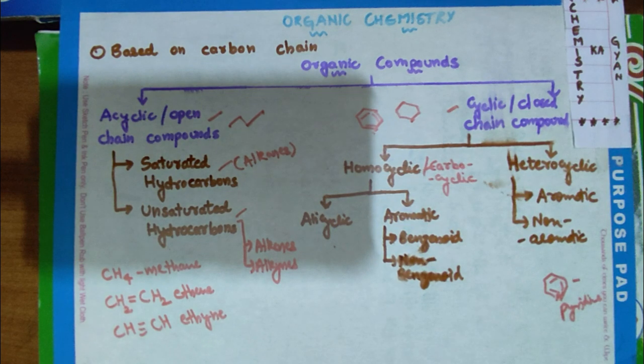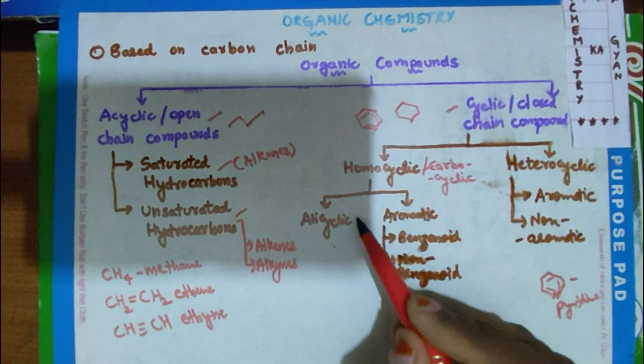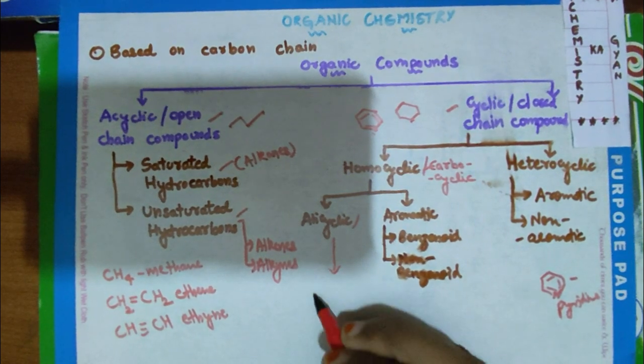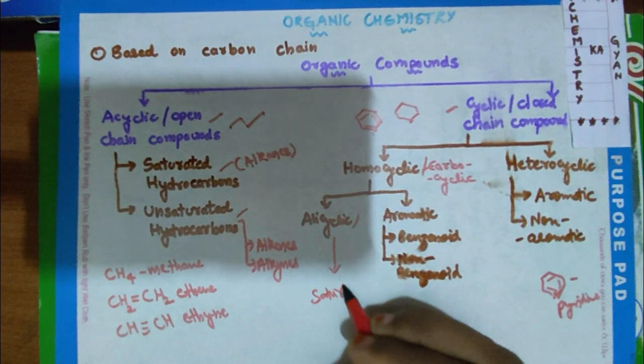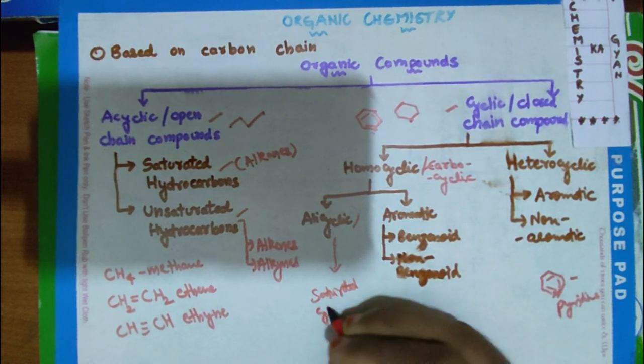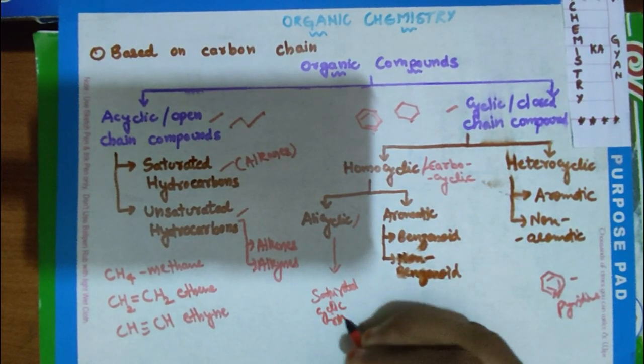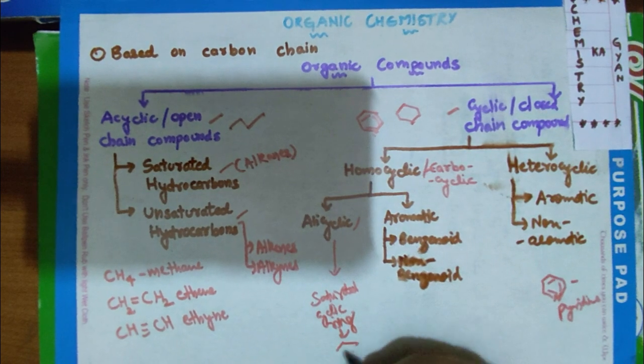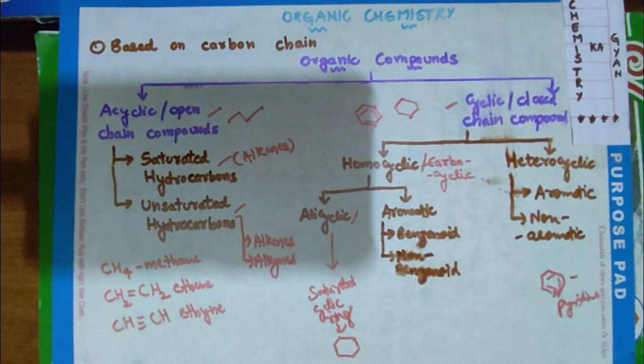Alicyclic in the sense the saturated cyclic ring, so we could also call it a saturated cyclic ring. So the example is again cyclohexane, right?